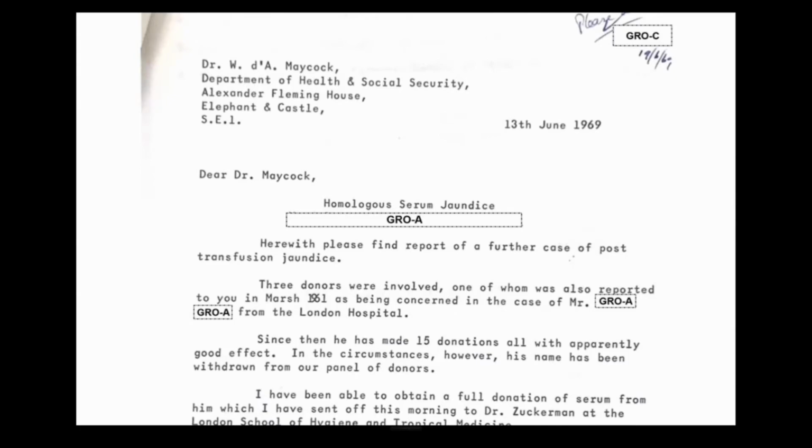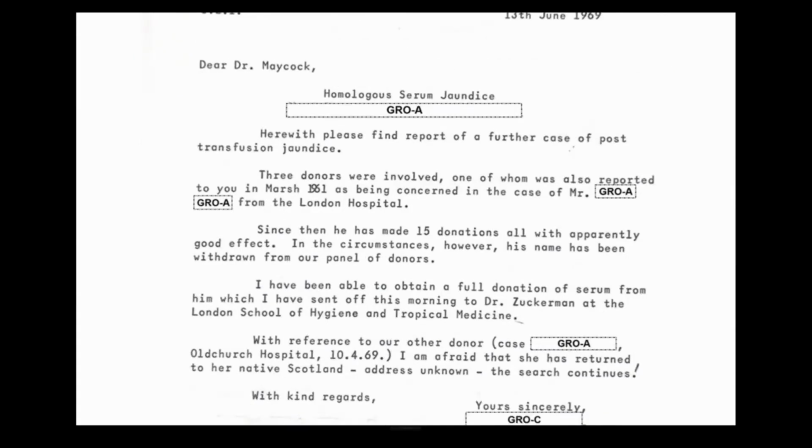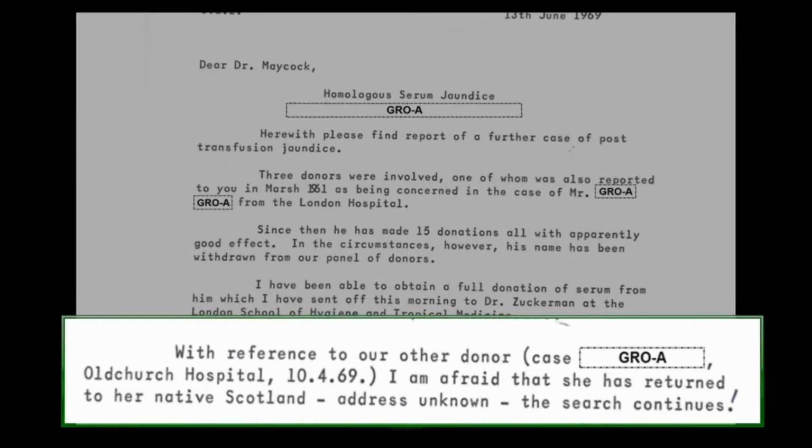There is a report enclosed of post-transfusion jaundice, but I would just draw your attention to the last paragraph. With reference to our other donor, I'm afraid she's returned to her native Scotland. Address unknown, the search continues. So an example, and we've drawn out examples of things that we've seen across a number of documents, but an example of a donor having moved location and therefore not being able to be traced.